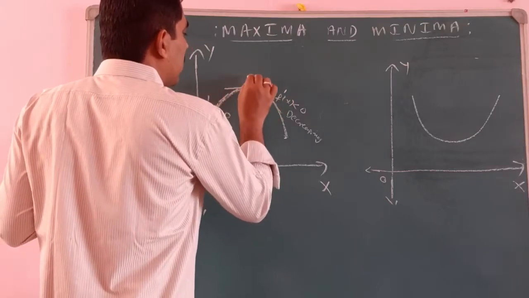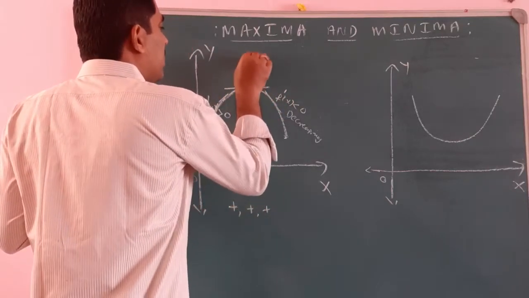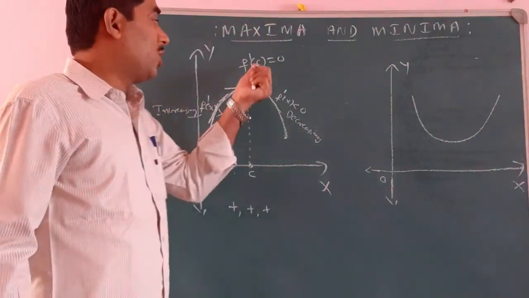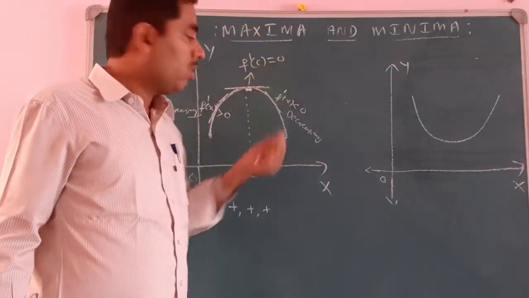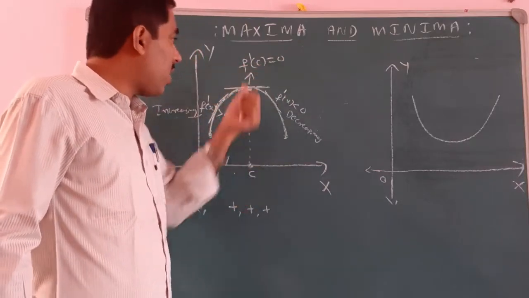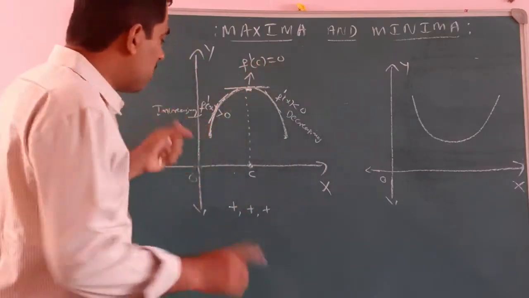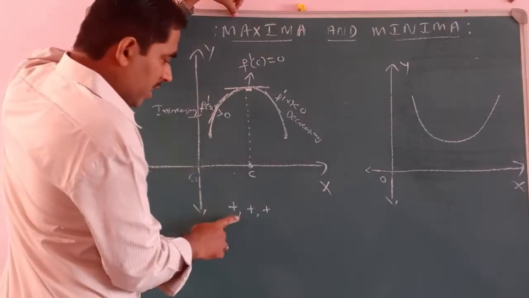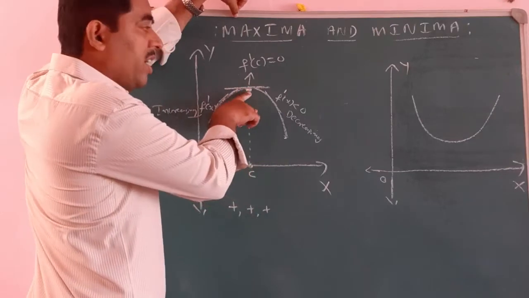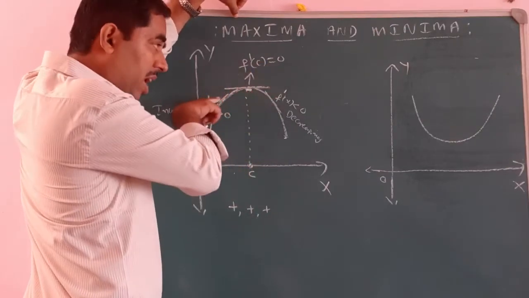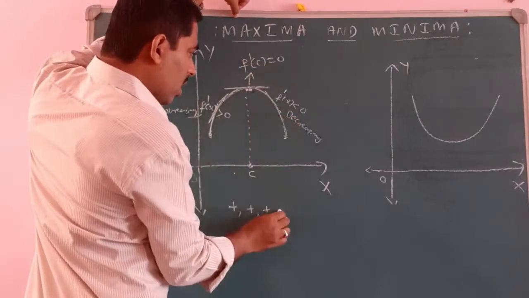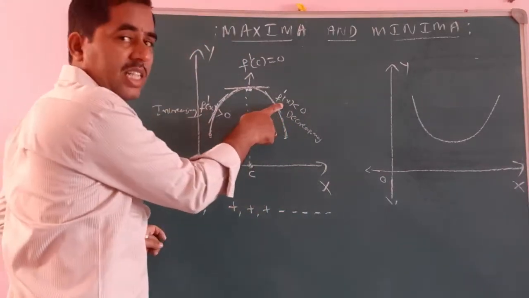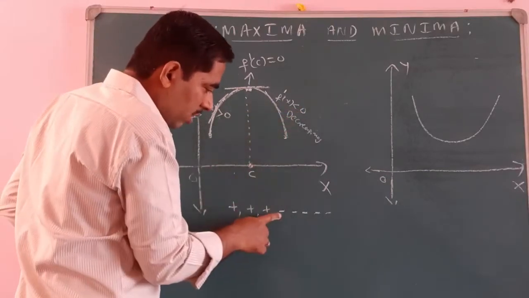By Rolle's theorem, at this point the derivative is 0. The slope of the tangent at the point is 0, that is f dash C. At this point the derivative is 0. The curve starts its journey where it is increasing, and at some point f dash C will be 0. It passes through this point, and once again the slope of the tangent, that is f dash x, is less than 0, decreasing, so that means minus.